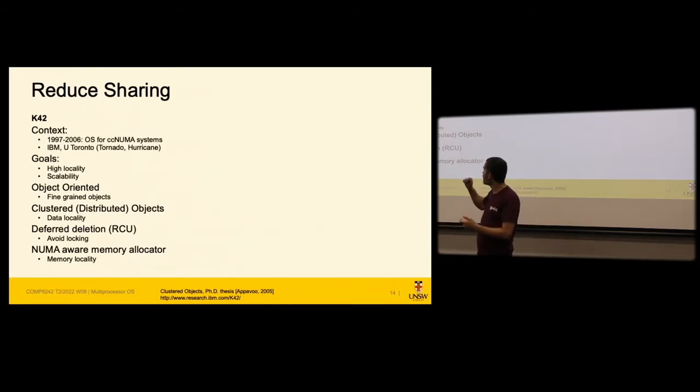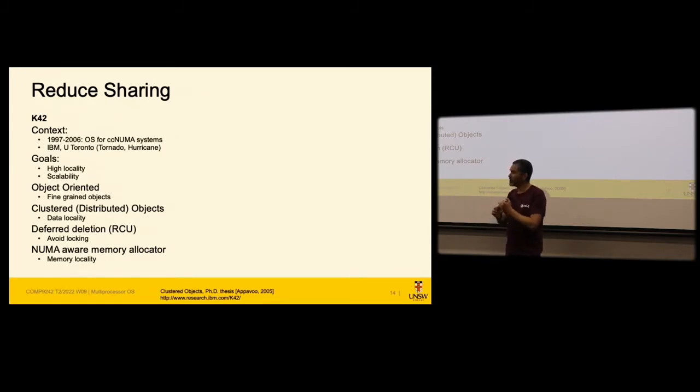The goals were high locality, so make sure that when you're accessing memory, it's local memory, reducing sharing that way, and high scalability, so make sure that it can scale to large multiprocessor machines. Some of the main techniques that they introduced were object orientation, this idea of building the operating system out of fine-grained objects. We'll talk about that.